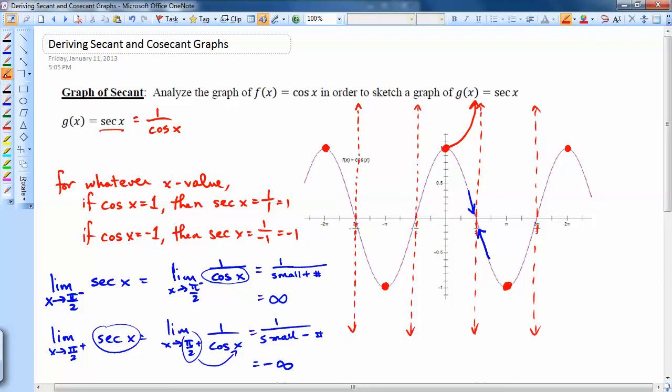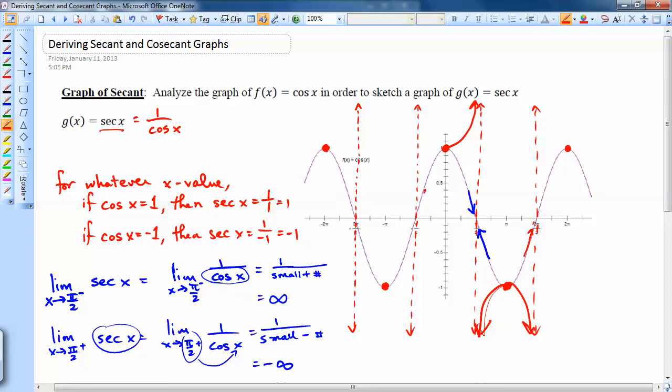So right here, I'm going to shoot down to negative infinity. As I get close to this one, the cosine value is again a small negative number, so the secant value is 1 over that, which also goes down to negative infinity.